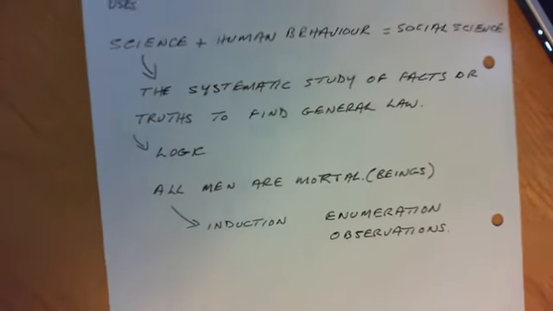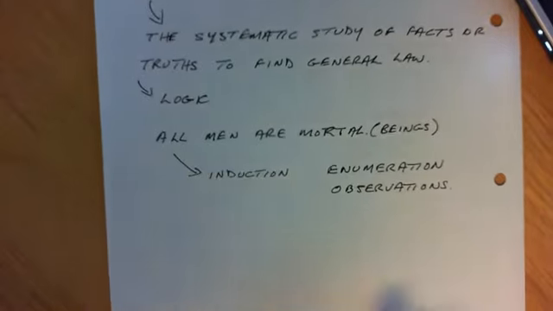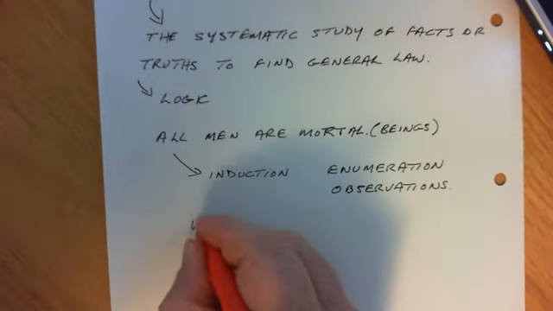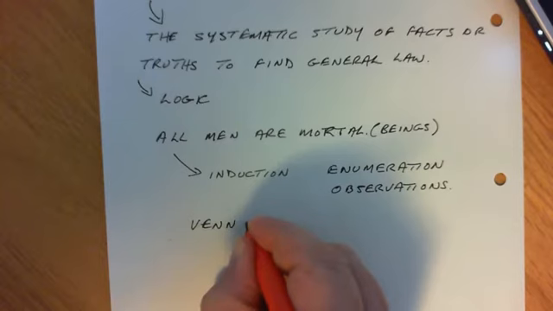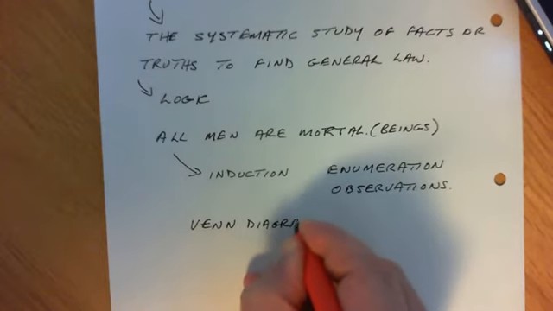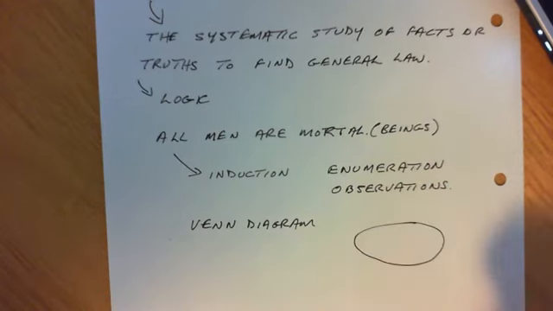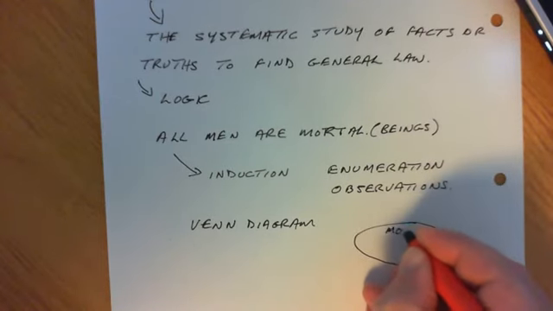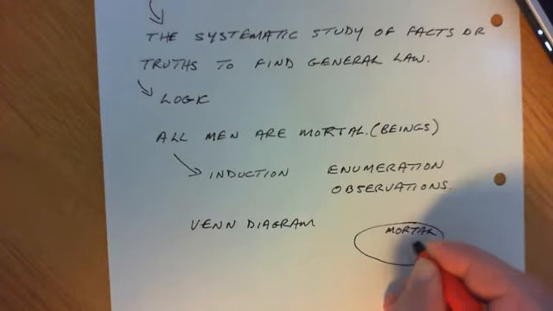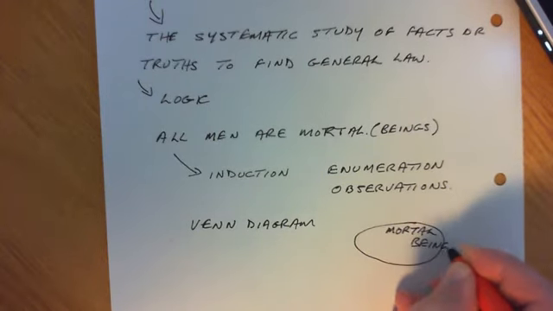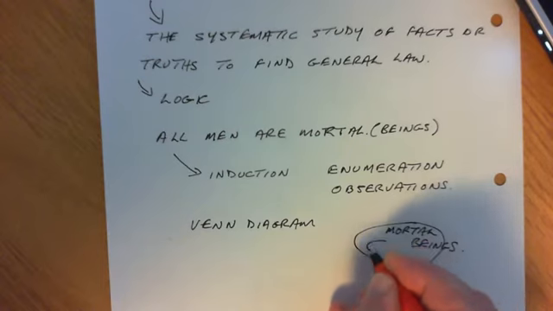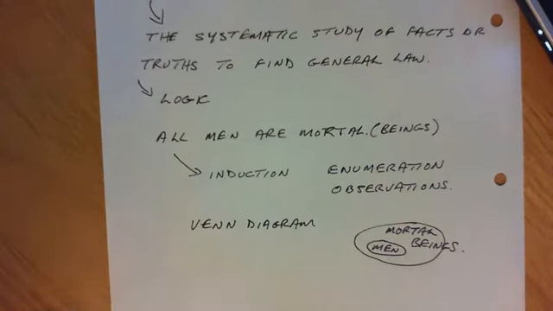And this means we have a picture of where we sit in the scheme of things. We could have a Venn diagram for this one. The Venn diagram could simply be something like that, which is mortal beings. And in here we have the subset men. So men are a subset of mortal beings, and creatures die.